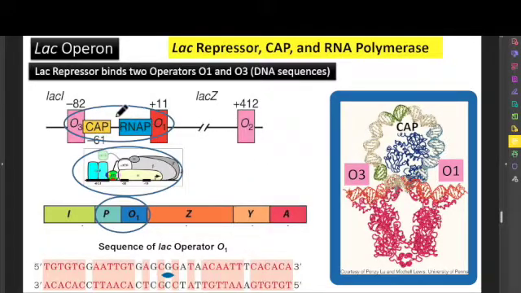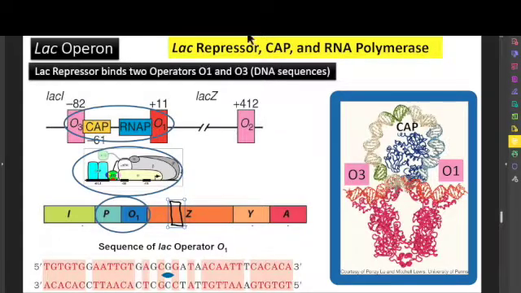And so to add the final piece on this, this is a little bit better representation of it. The circles are representing the same general area. And what we see is that inside the lacZ is actually this O2. So O2 is somewhere around here.